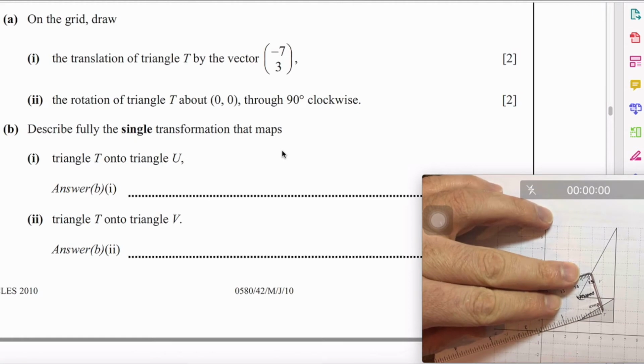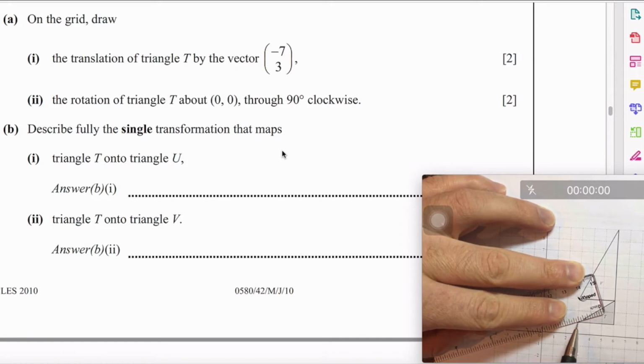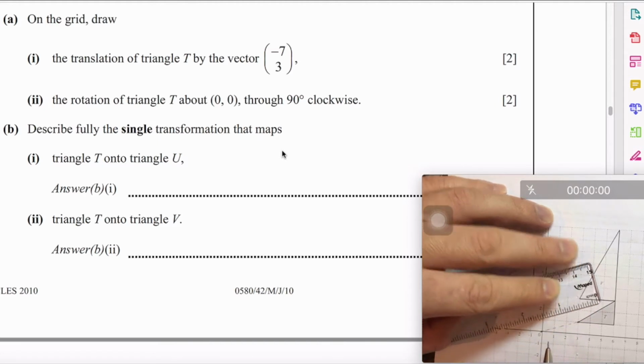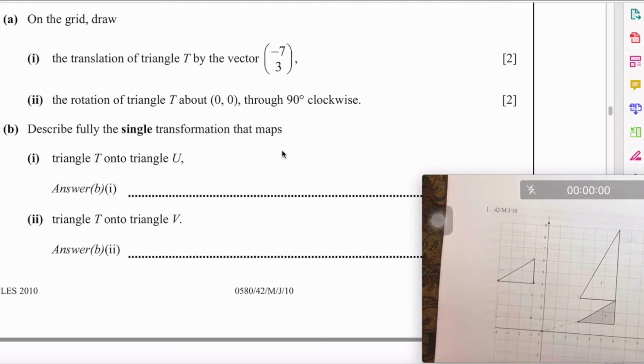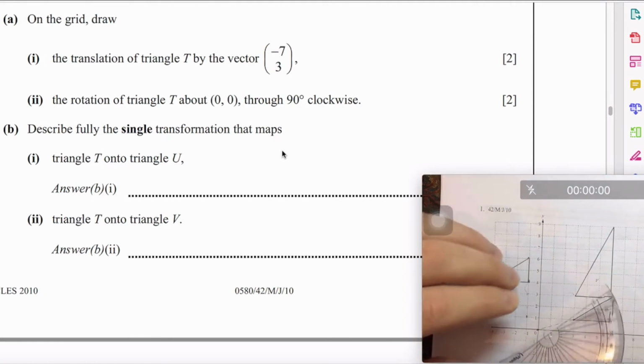So I first connect each vertex to the center of rotation, which is the origin. I construct it. Then you need to make an angle of 90 degrees. You can use a protractor to do so.